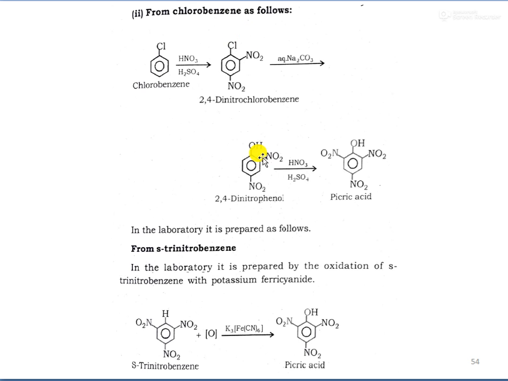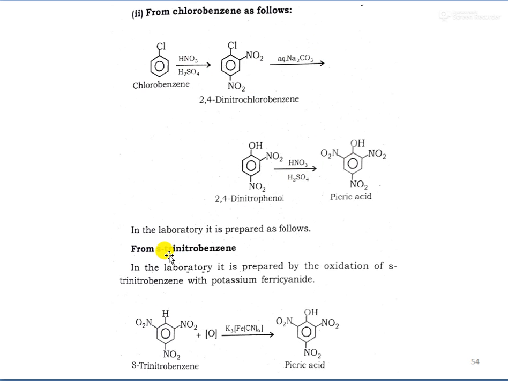So in this place the OH group will come. Again, when this is treated with a nitric acid and sulfuric acid mixture, we get picric acid. So the extra addition is the role of the sodium carbonate. So from chlorobenzene you can get picric acid. First is the nitration, then treatment with this base, and then again nitration.